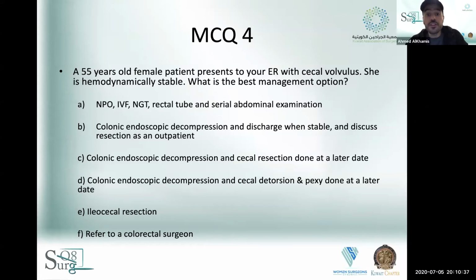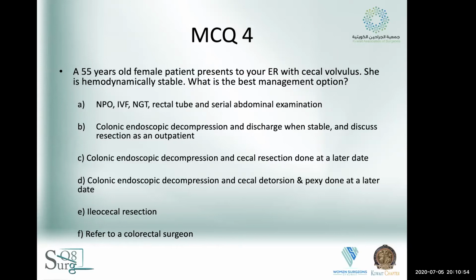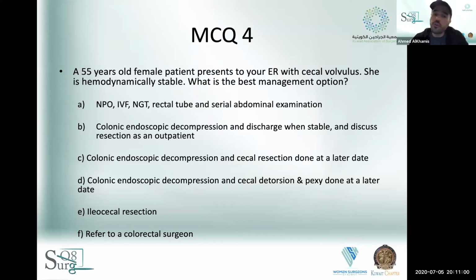Do you do colonic decompression by endoscopy and discharge her and then operate later when she is stable? Or do you do colonic decompression and cecal resection in the same admission but at a later date? Or do you do colonic decompression and detorsion and then a pexy at a later date in the same admission? Or do you just go for ileocecal resection from the beginning? Or do you call me again and refer to me?